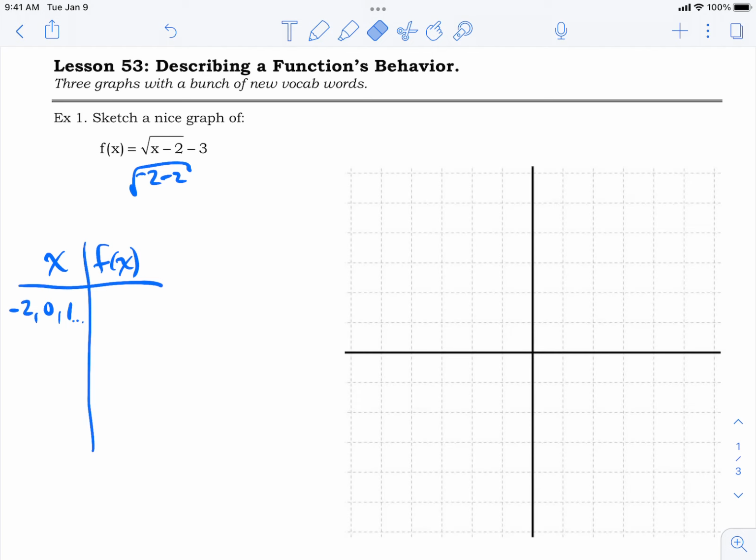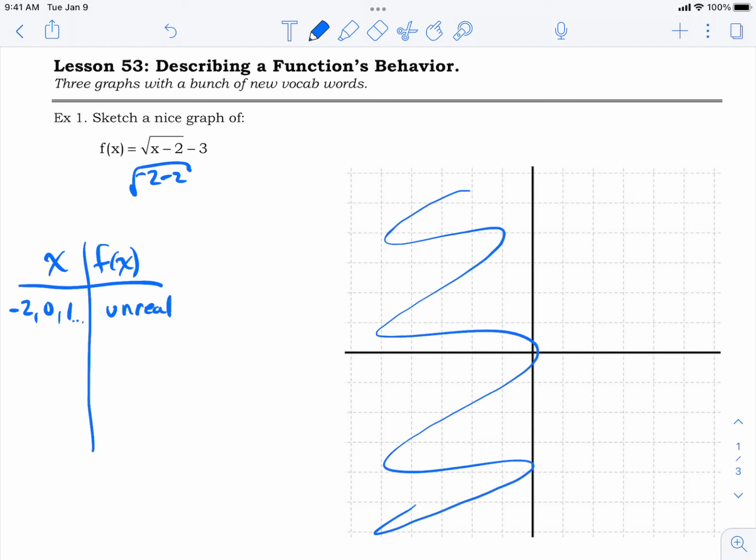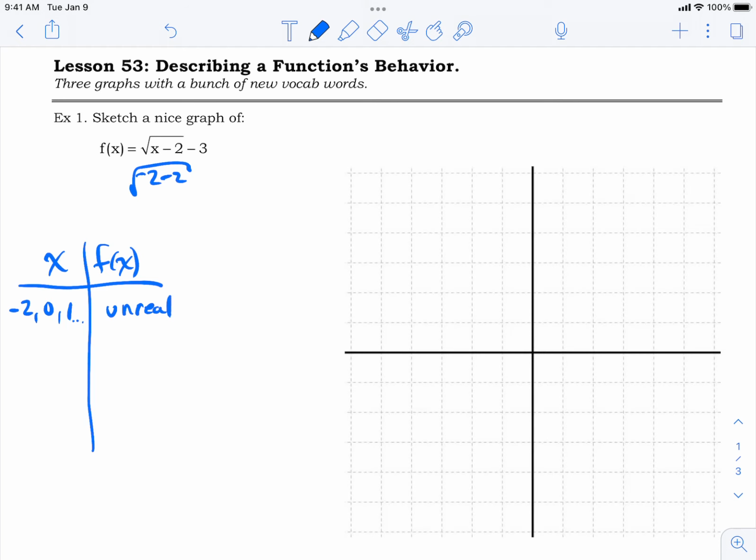We're just making real graphs for the rest of the term, real graphs. So it's not a real number. You can't plot the point, so I'm just going to put unreal. There's nothing there. Nothing to graph. Nothing to see here, folks.